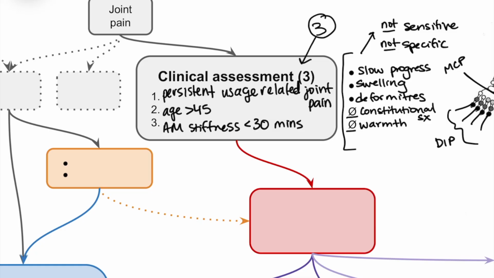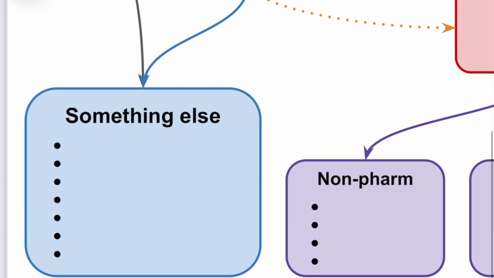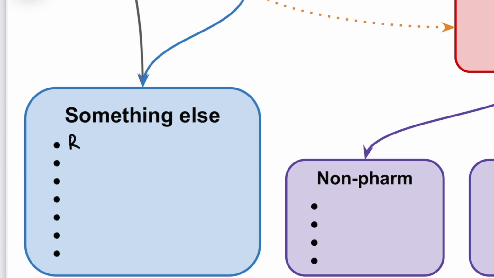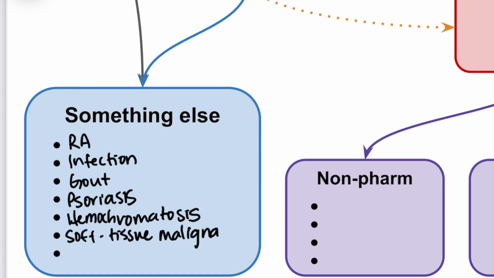What if your patient has some other symptoms that make you worry about a different diagnosis? And what might those diagnoses be? In our differential, we should probably include things like rheumatoid arthritis, infection, gout, psoriasis, hemochromatosis, soft tissue malignancies, and even fractures.